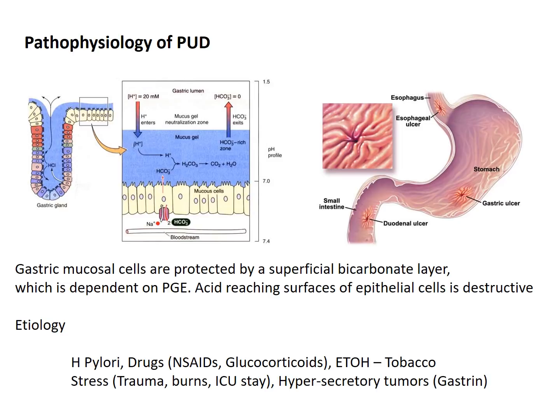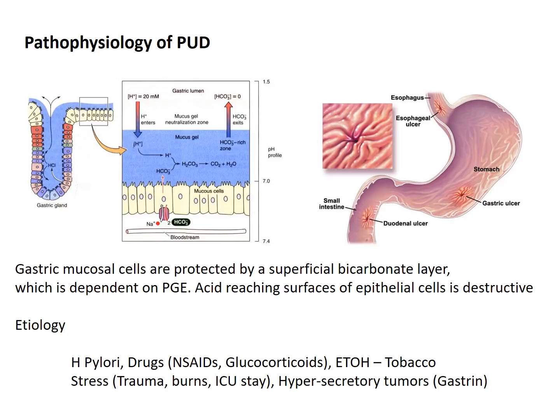So we want to protect the stomach against its own acids, and the way that we do that endogenously is by those cells that secrete that alkaline mucus, and that alkaline mucus is dependent on prostaglandin E stimulation.